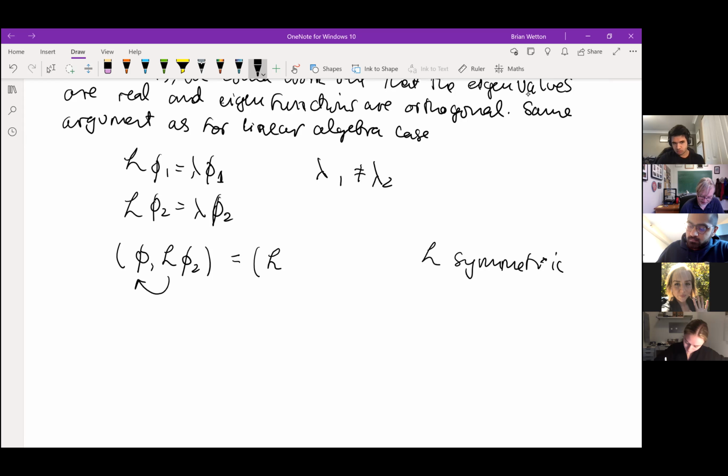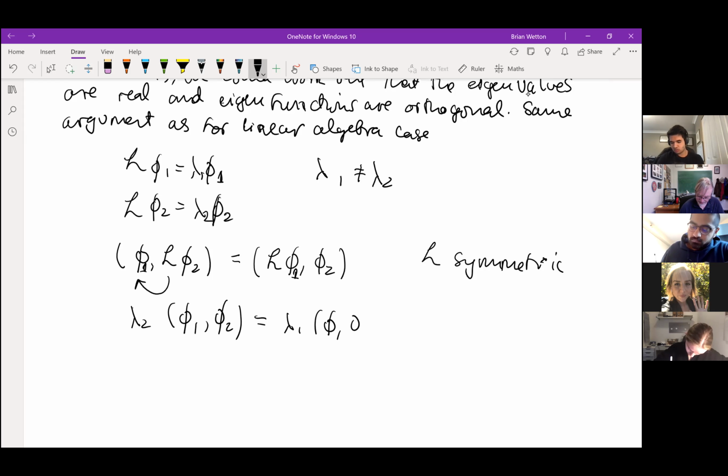So this is the same as L phi1, phi2. But L times phi2 is just, I just get a multiple. So this is just lambda2 times the inner product of phi1 and phi2. I seem to have dropped some subscripts along the way. All right, so L phi1 is just lambda1, phi1 times phi2.